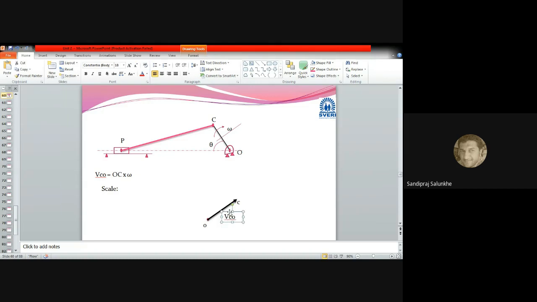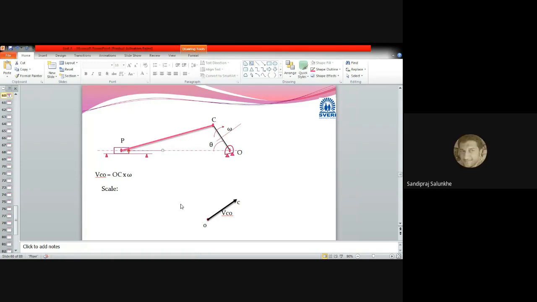Next step. We know the position of P. It is sliding, so we know that the velocity of a sliding body is parallel to the line of reciprocation.